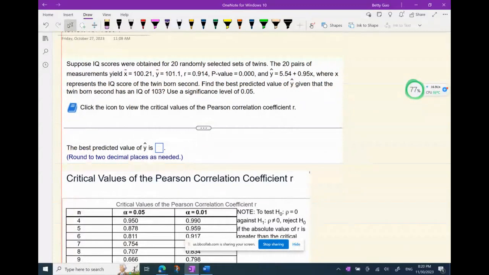Suppose IQ scores were obtained for 20 randomly selected sets of twins. Sets of twins. The 20 pairs. So now I know the sample size is 20. The 20 pairs of measurements yield X bar, the average. What is it about? IQ scores.